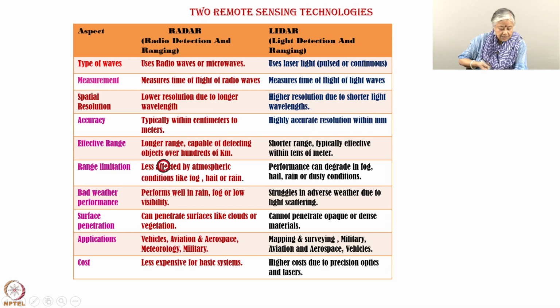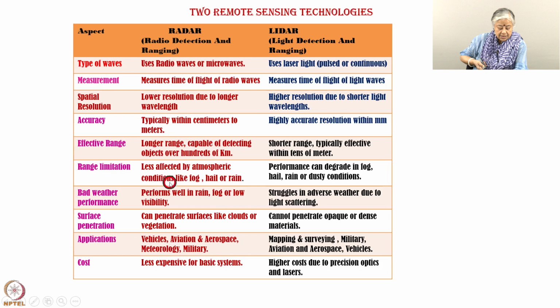Then what is the effective range of a radar? Effective range is long, capable of detecting objects over hundreds of kilometers, while LiDARs are shorter range, typically effective within tens of meters. They are short range, and the radars are longer range.